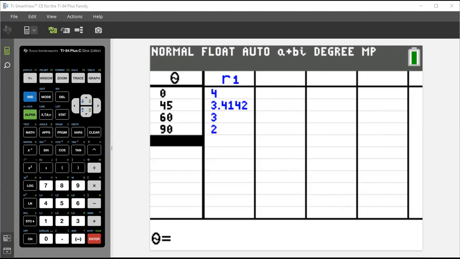Are you in the table, Will? It doesn't look like you are. Second graph. Here, let me go back. Are you in polar? Okay. Guys, plot those points. Let me see what his calculator's doing.